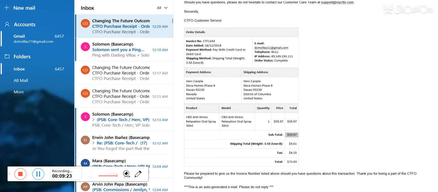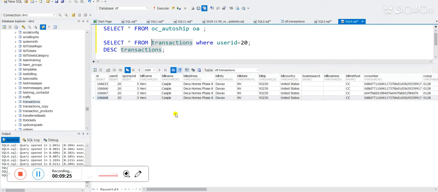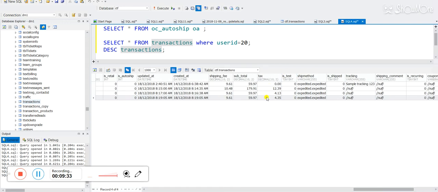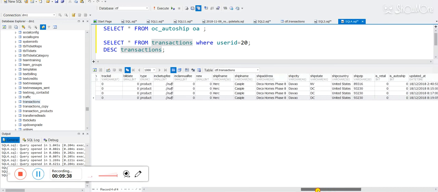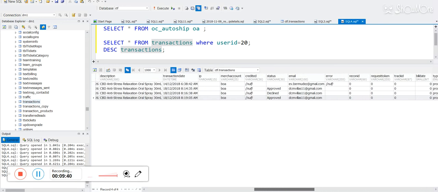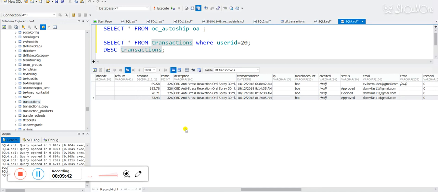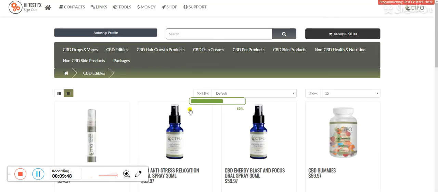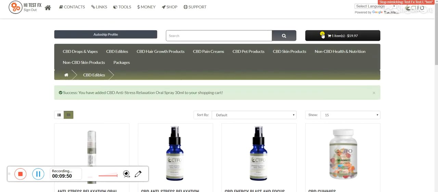The totals on the receipts are correct, and then on the transactions table, discount and discounted are blank, and then 4.35 and 9.61. Total amount charged is 73.93. Status is approved.